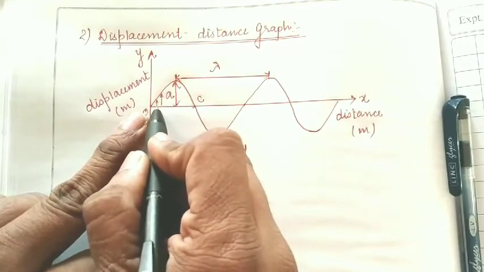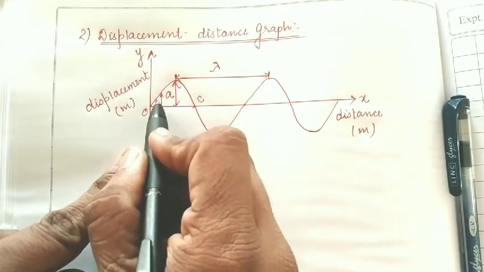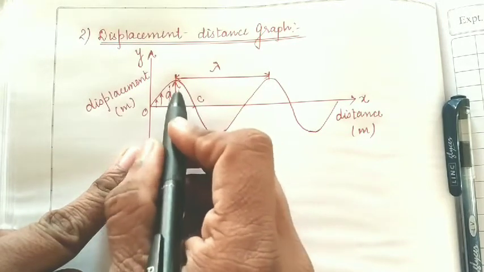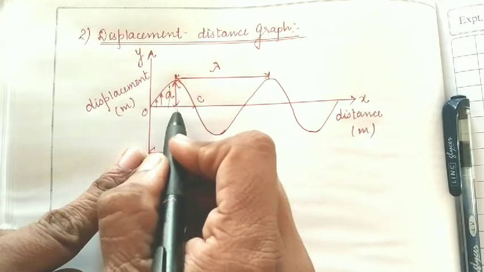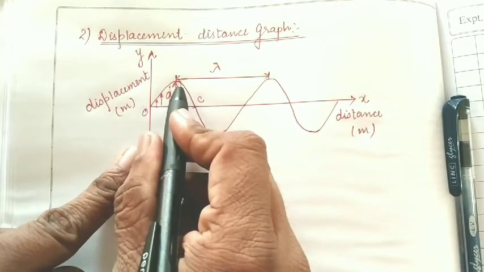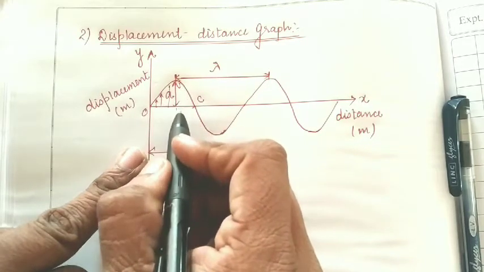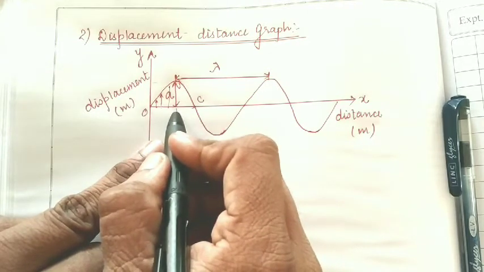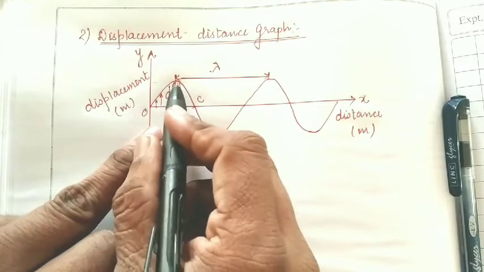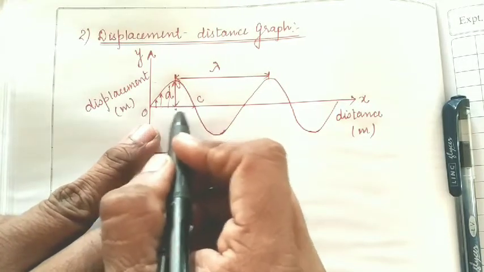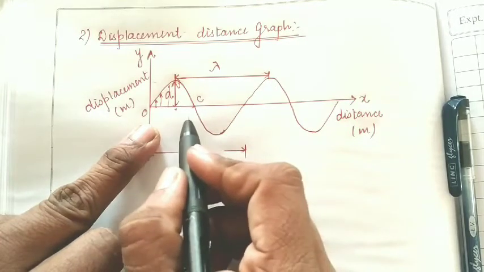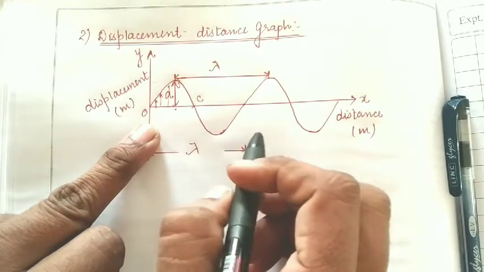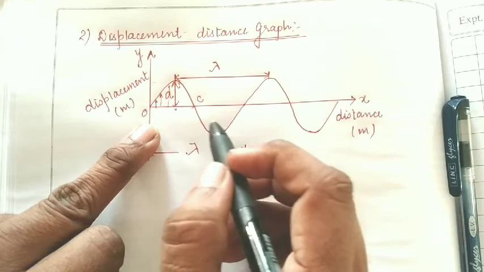At this point the distance is less and the vibration is also less. As the distance increases, at a certain position it has the maximum vibration, which is termed the amplitude. The maximum displacement of a particle is the amplitude. So with the variation in distance there is also a variation in displacement.